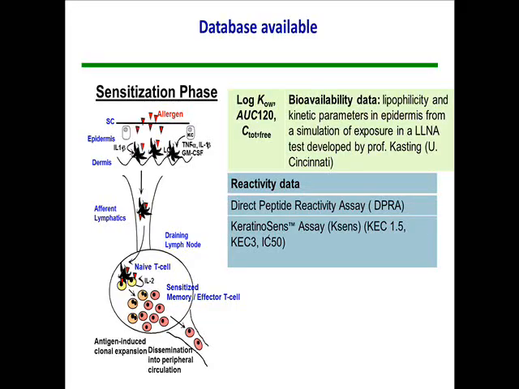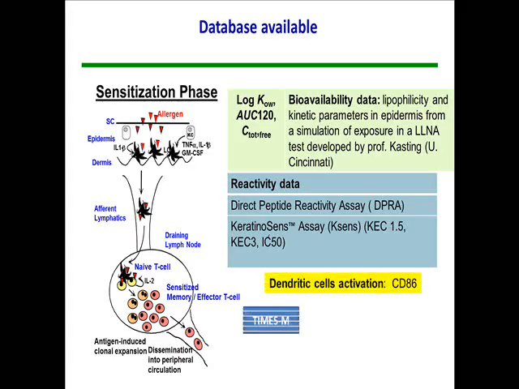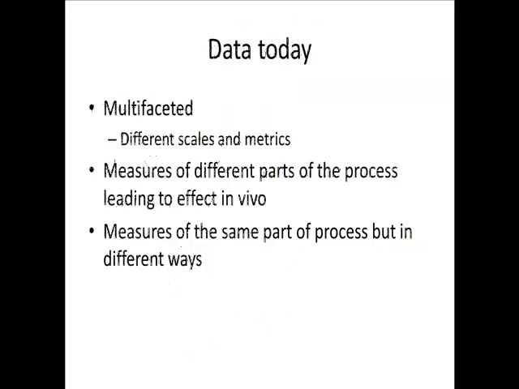We have the KeratinoSens input, and we have 3 parameters. We have cytotoxicity and stimulation of the luciferase to a different extent. And then we have dendritic cell activation from the modified MUSST assay. And finally, we also have a structural alert modeling with TIMES.